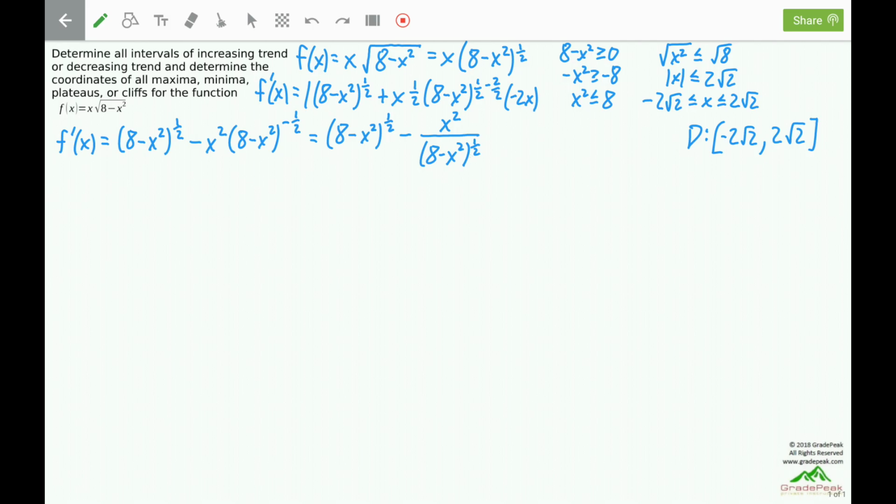As soon as one or more terms in the first derivative have a denominator, we have to combine all terms together over a common denominator to make the first derivative a single fraction in order to find critical numbers. Our first term does not have a denominator.